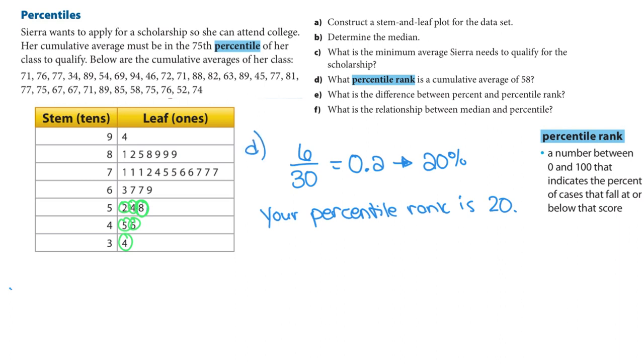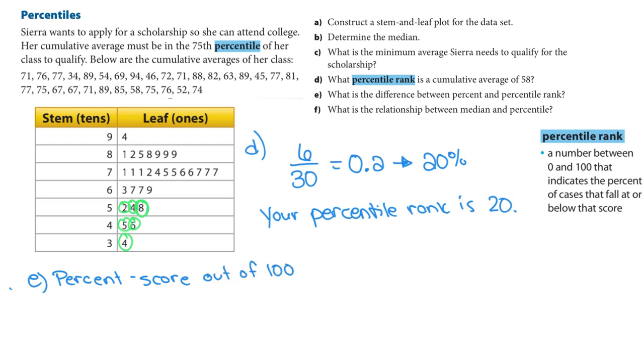So for example, Sierra would need an 81% to qualify for the scholarship. So the percent is what score they actually get, a score out of 100.